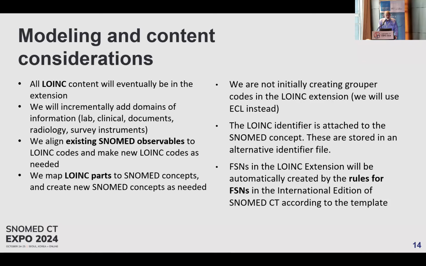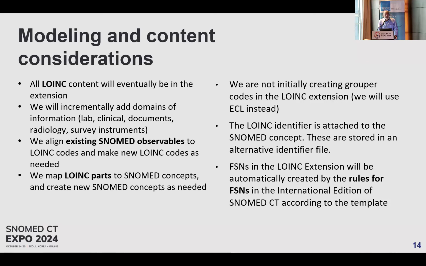We're initially not creating grouper codes in the SNOMED extension because we want to use ECL to basically allow people to find everything they want to find. We're thinking about that.